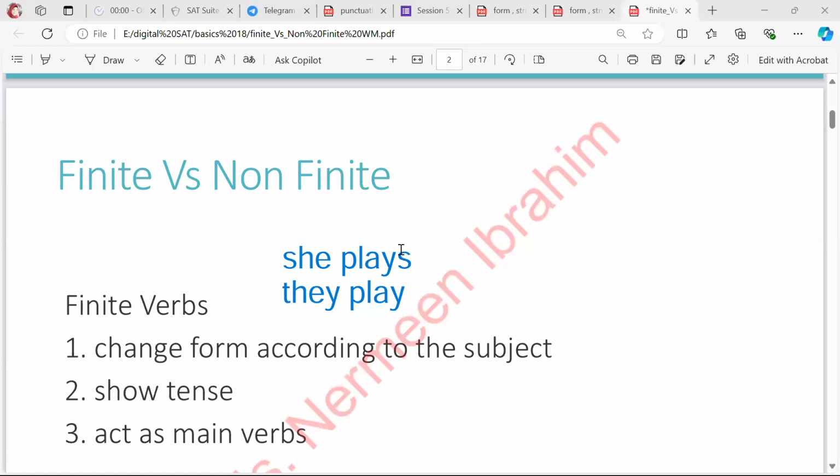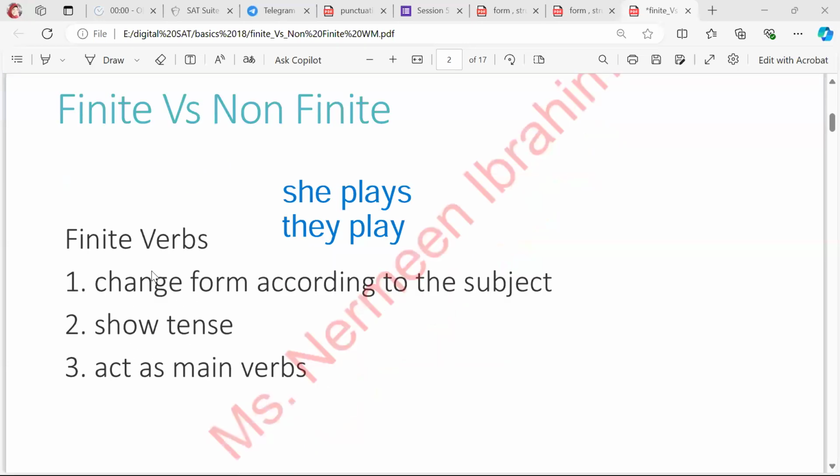Now, the first topic from the verb forms that we need to handle is finite versus non-finite. But what are finite verbs? Finite verbs are those verbs that change form according to the subject. What does that mean? What is the subject here? She.